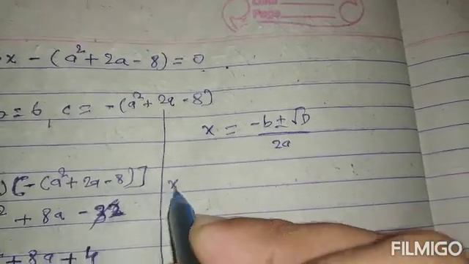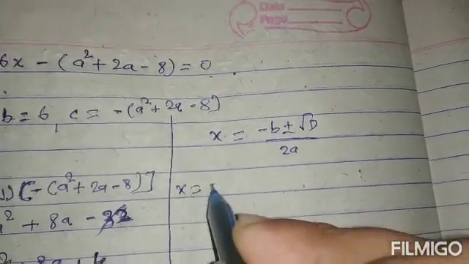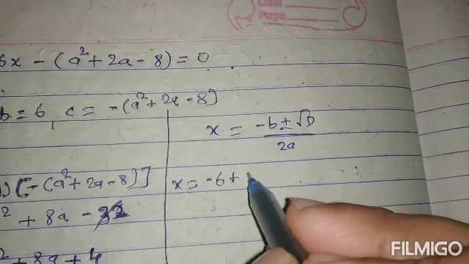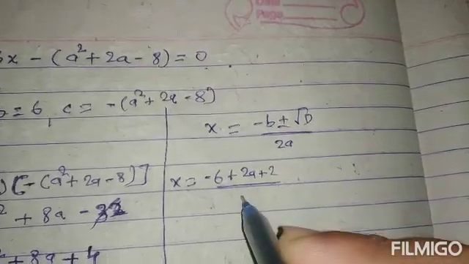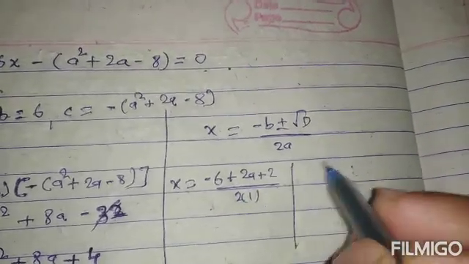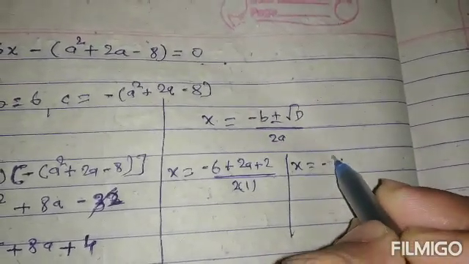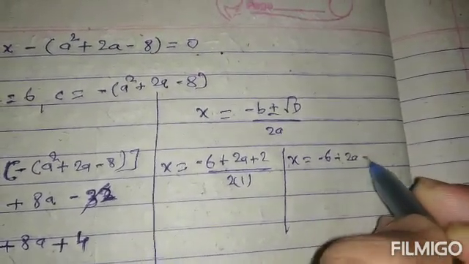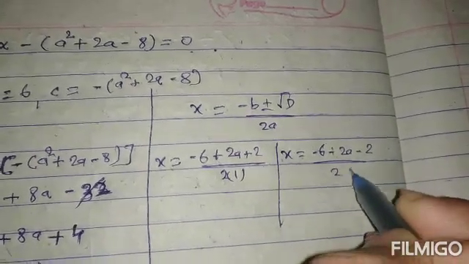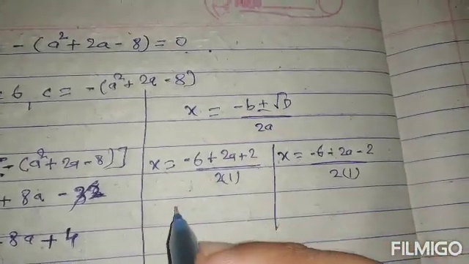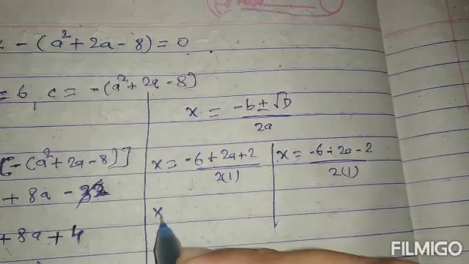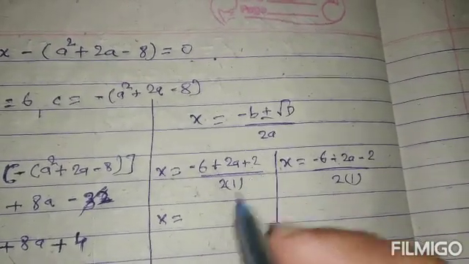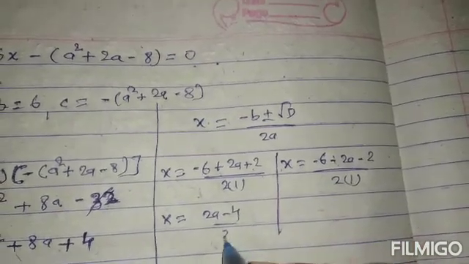Therefore, x equals minus 6 plus 2a plus 2 upon 2 into 1, and x equals minus 6 minus 2a minus 2 upon 2 into 1. If you solve this one, you will get x as minus 6 plus 2 is minus 4, 2a minus 4 upon 2.